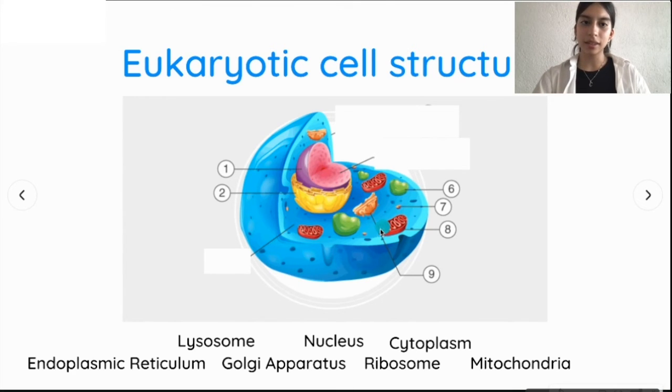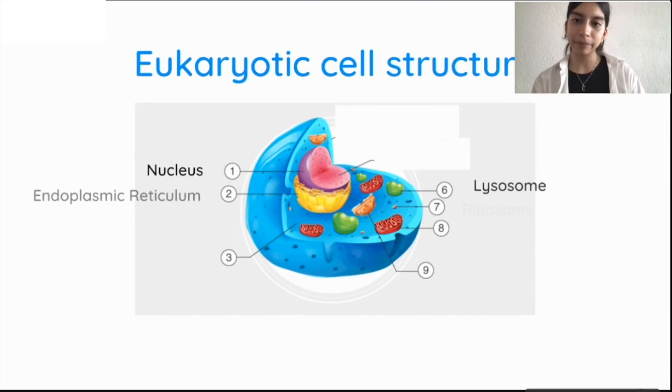And these things that are all over the cell, these are the ribosomes. And finally, the greenish things that are also all around the cell are the lysosomes. So let's check if we are correct.